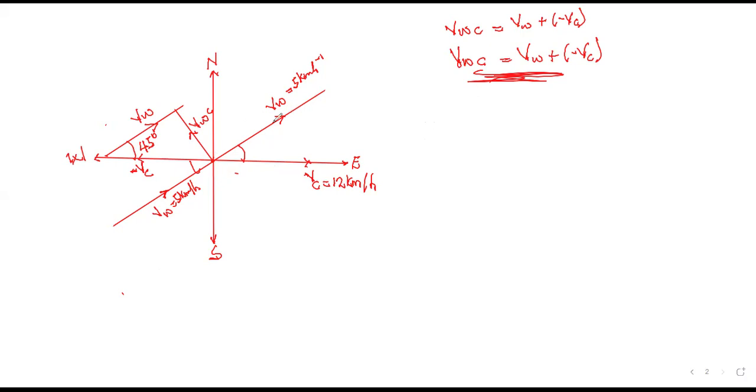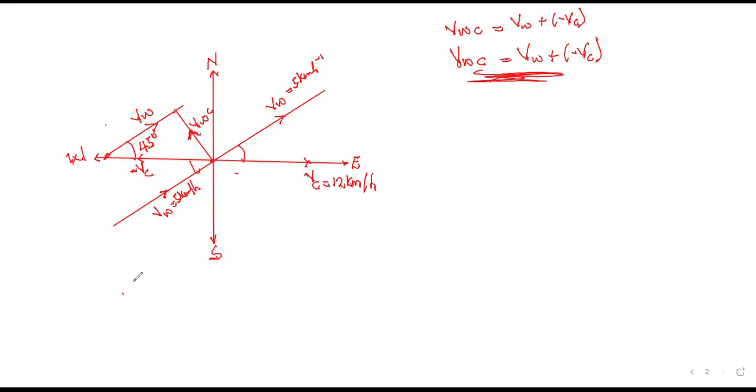So I'm just drawing the equal component of VW on minus VC, and this is it. After doing that, you realize that the direction of minus VC and the direction of VW, then what appears to be the resultant VWC would act along north of west here.